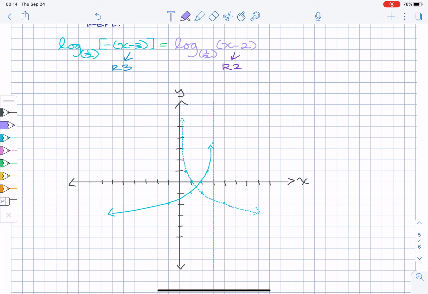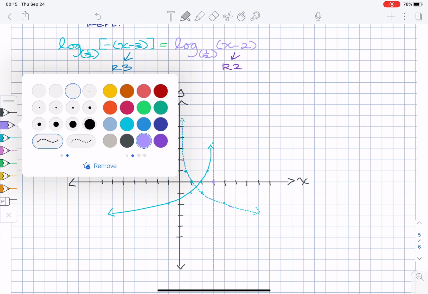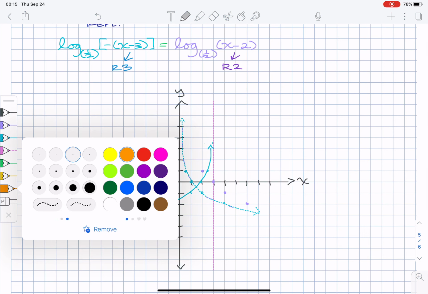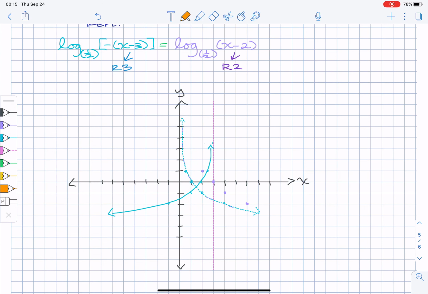So what do I have here? Right 2. So 1, 2. Make sure this is solid now. So my vertical asymptote is also going to shift to the right 2 units. And notice what's going to happen.